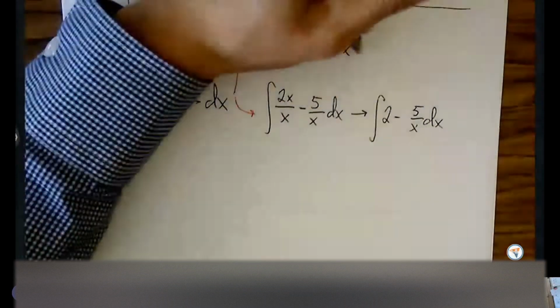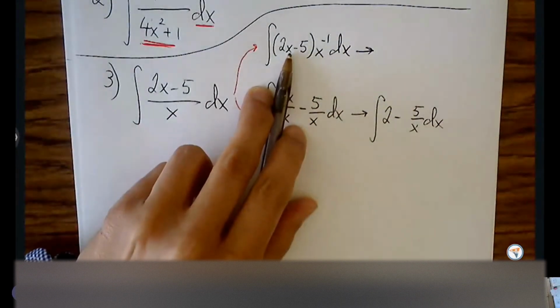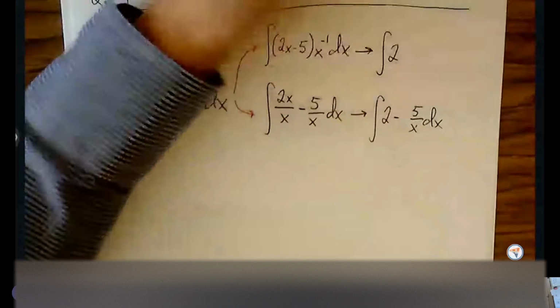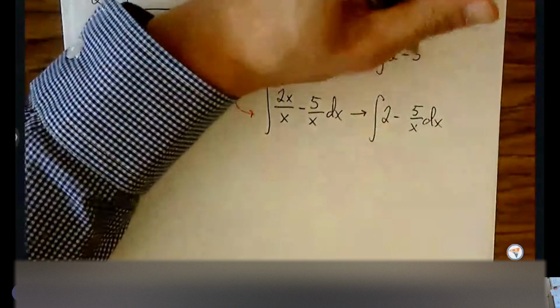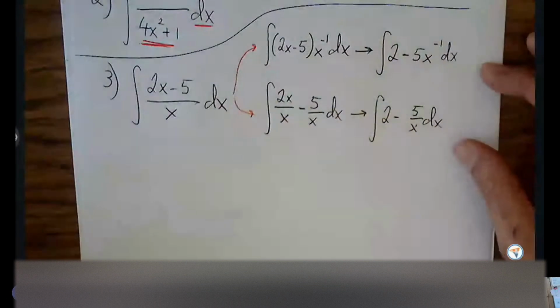I can clean this up to be just 2 minus 5 over x. In this same place, I can distribute this through. This is x to the first power. Add exponents, 1 minus 1 is 0. And then 5x to the negative 1 dx, right? These mean the same thing.